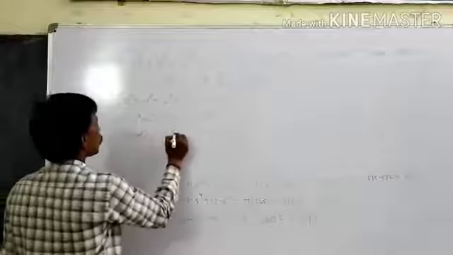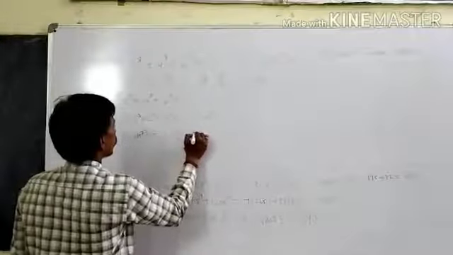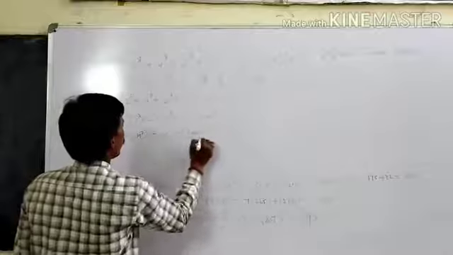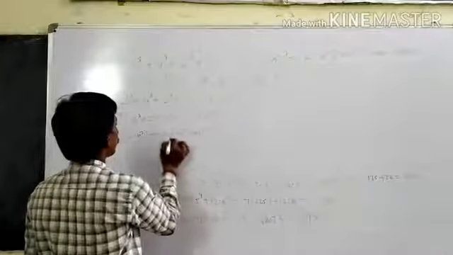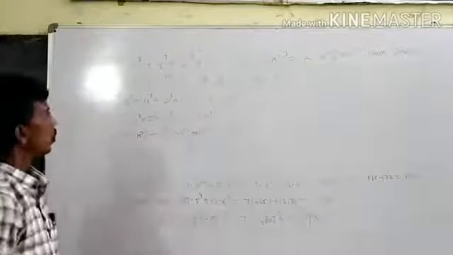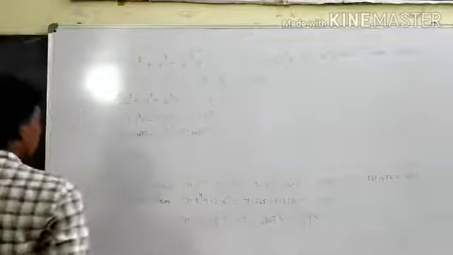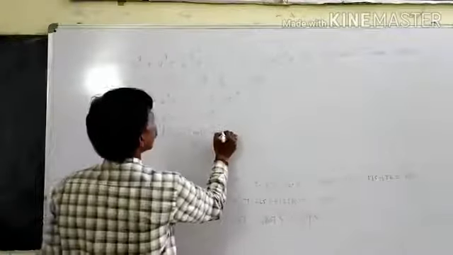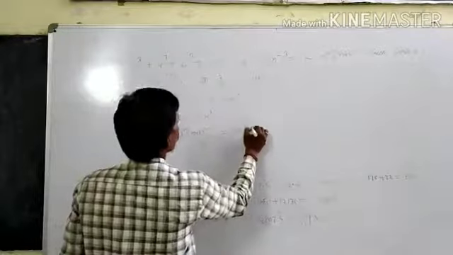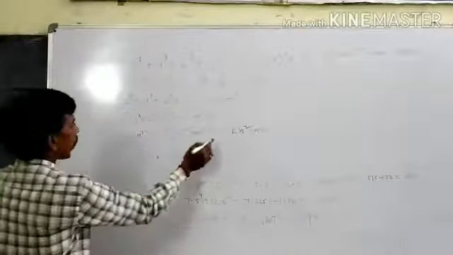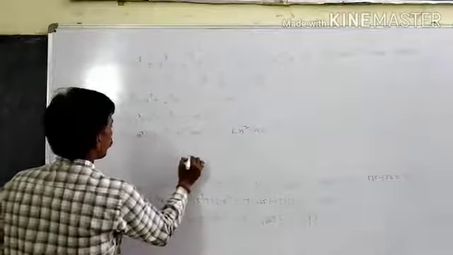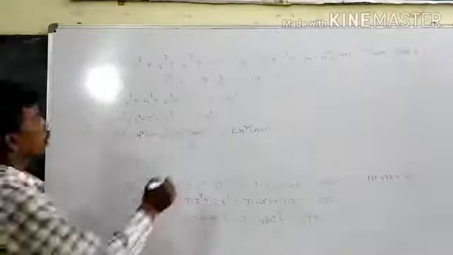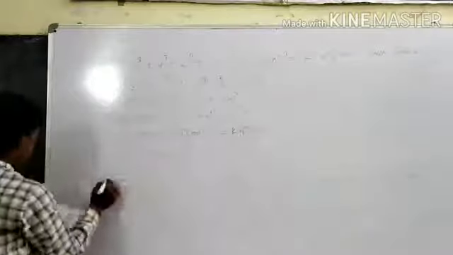Sigma n cube is n square into n plus 1 whole square by 4. So that is equal to k n square n plus 1 whole square. So what is the value of k? That implies 2 equals k. So the fourth option is right.